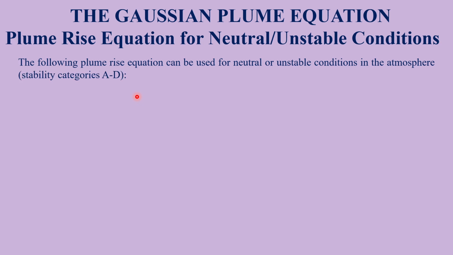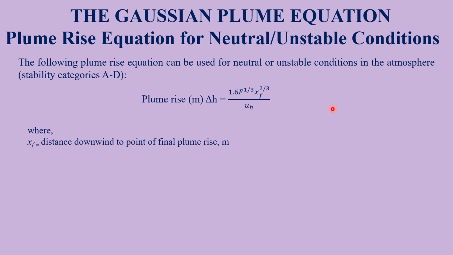Otherwise, if the atmospheric stable condition is neutral or unstable, you use this formula. So here is the role of S. You have to identify the buoyancy flux F, and the rest is you have to identify this XF.